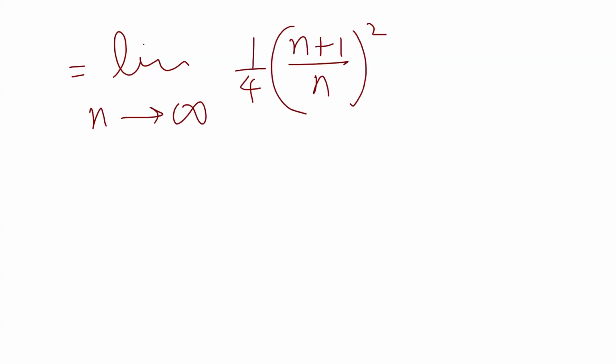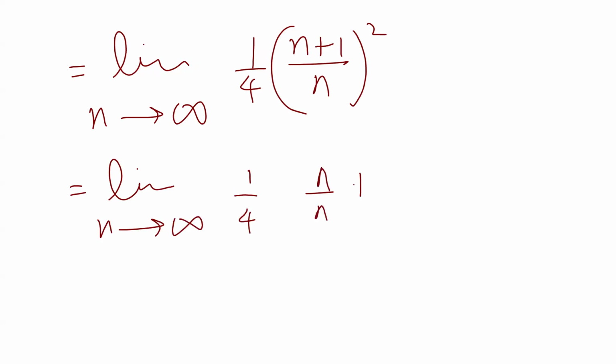Now within the round bracket, just split: n upon n plus 1 upon n the whole square. Put the value of n as 1. What about the blue colored term?